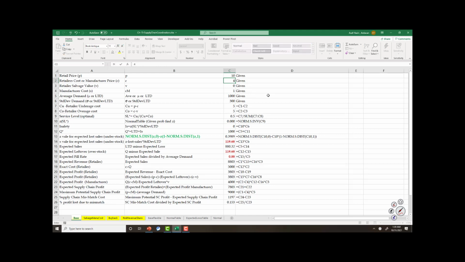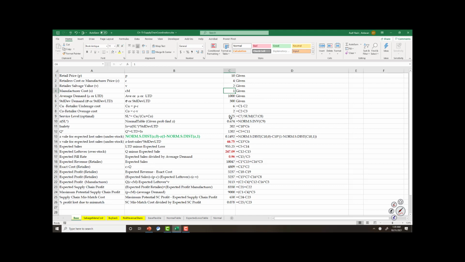Let's make purchasing price of the retailer 4, and also let me assume that there is a salvage value for the product. Purchase price for the retailer is $4, sales price for the retailer is $10, salvage value is $2, and manufacturer cost to produce this product is $1.